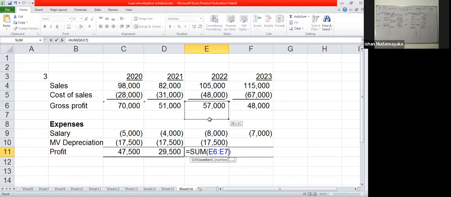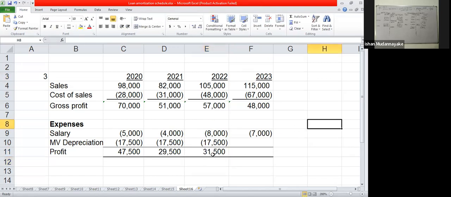Now the total profit is 31,500. Total profit is 31,500.